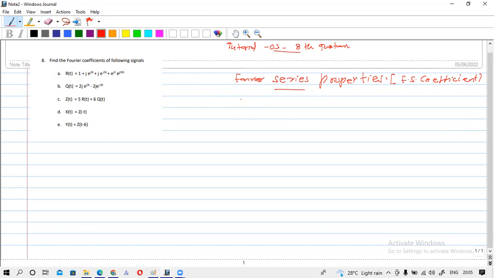Under this, we have learned the linearity property, then the time reversal property, and the time shifting property.